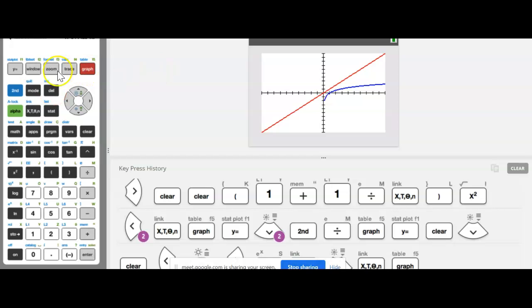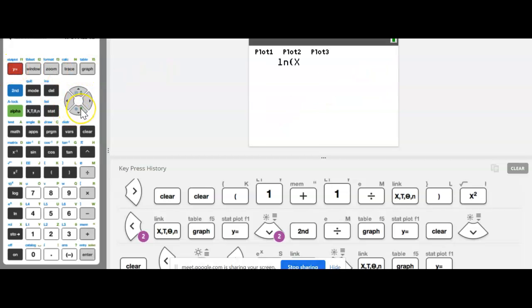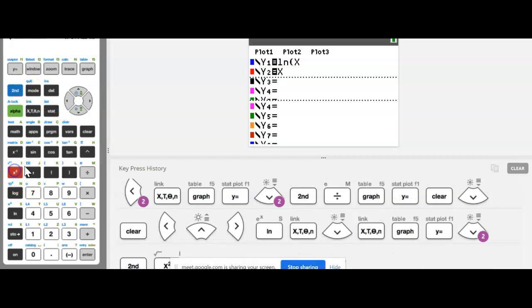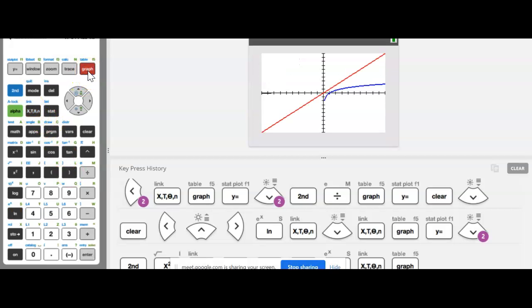We mentioned this yesterday, so the cat's out of the bag just a little bit. And you've seen it last year anyhow. But if I now graph this guy, not that guy, if I now graph e to the x, notice how the e to the x is the reflection of the natural log of x around that line y equals x.